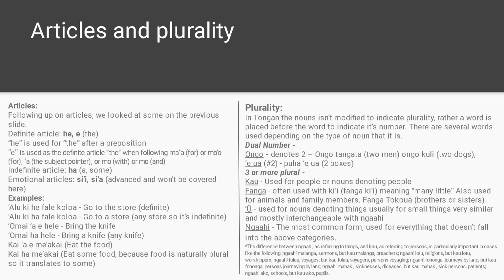Ngahi folau are voyages, but kau folau are voyagers, etc. And then finally, kau mahaki are sick persons, patients, but ngahi mahaki are sicknesses or diseases. Ngahi ako are schools, but kau ako are people that go to school or pupils. So you understand how kau being used for people is very important, and ngahi is used for things. That is all that we have for this page.